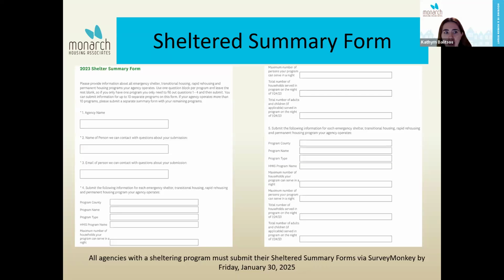If it's CoC funded housing, yes. If it's just general affordable housing, like a senior project, no. But if it's a CoC one, yes.